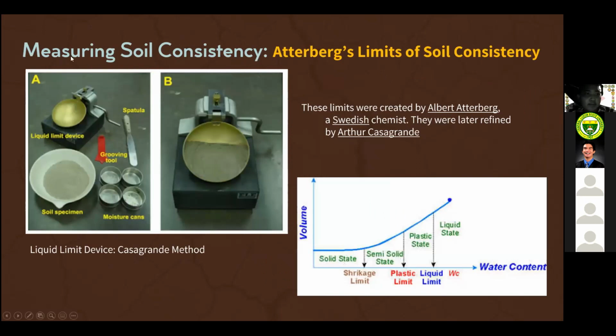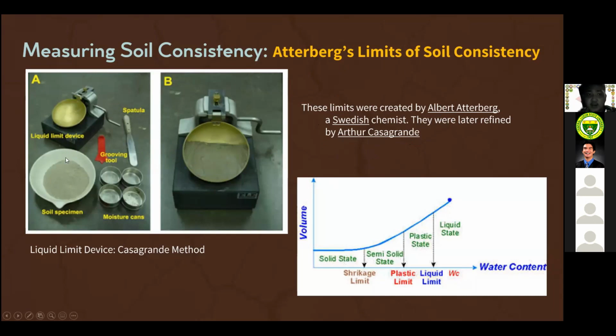So we have what we call the Atterberg limits of soil consistency. It is one of the ways to measure soil consistency in the laboratory. So this is a Casagrande device. It was done by Arthur Casagrande. Actually, the principle of Atterberg's limits is by Albert Atterberg, which was further defined by Arthur Casagrande.